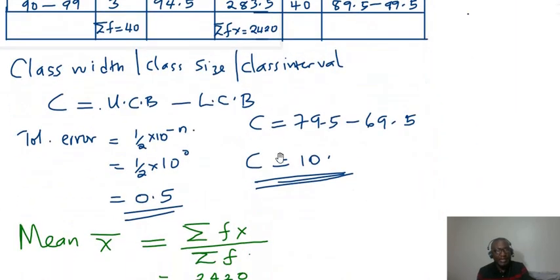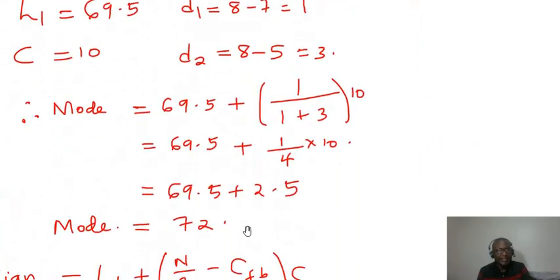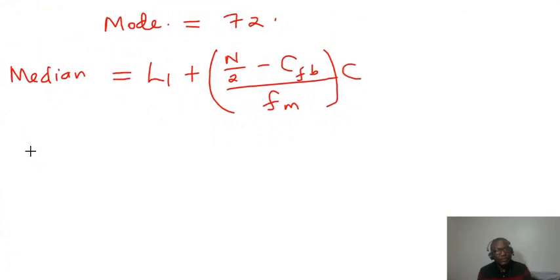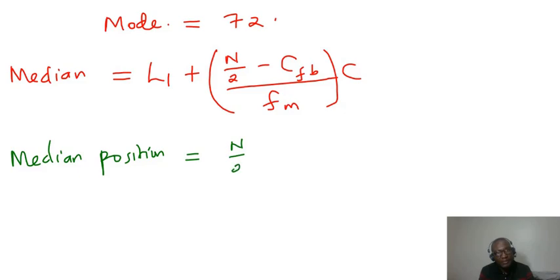So we start identifying the median class. To identify the median class, we shall need the median position, which is got from the N over 2 value. After getting the median position, we go to the cumulative frequency column and read from there, as cumulative frequency shows the positions of our values.